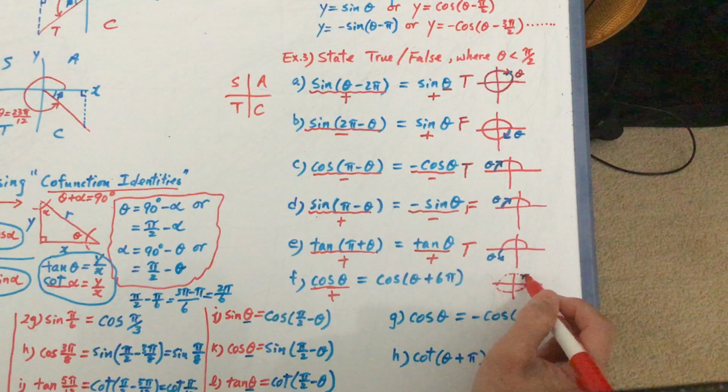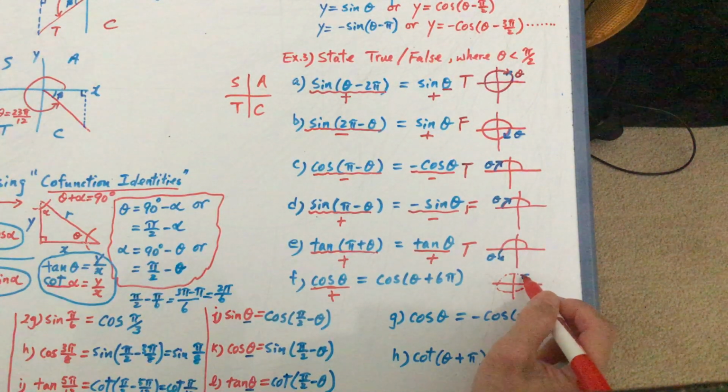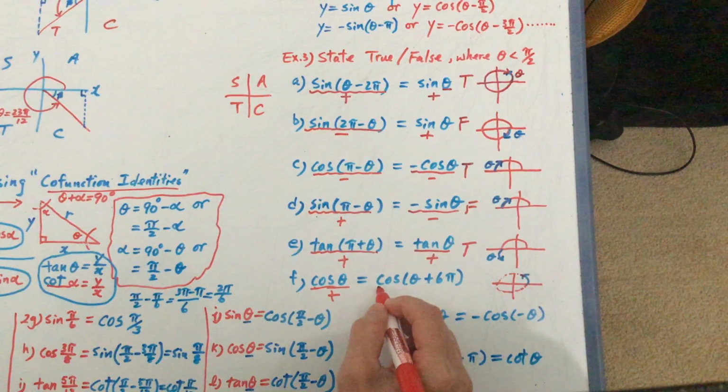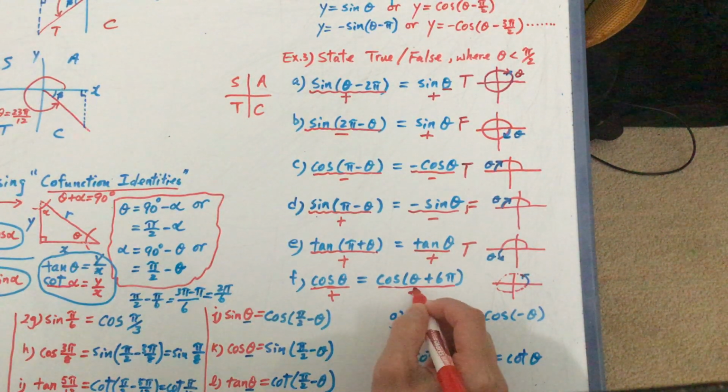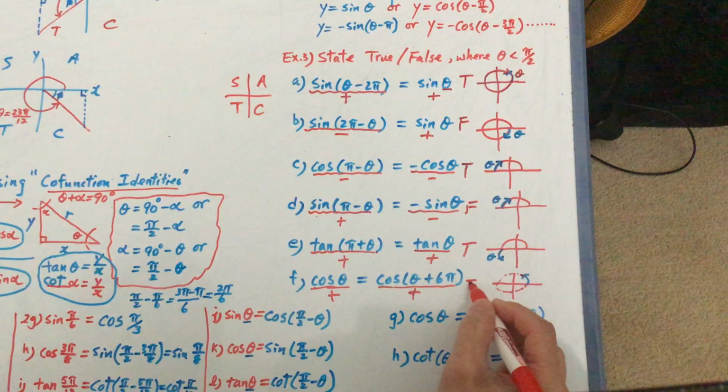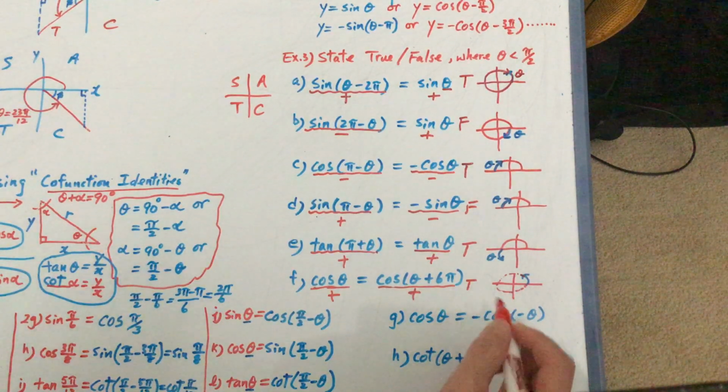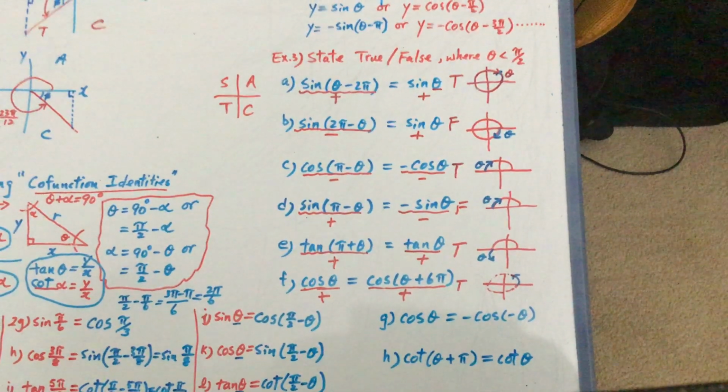So you still ended up here in quadrant 1. In quadrant 1, cosine is also positive. So that makes F true. Positive and a positive.